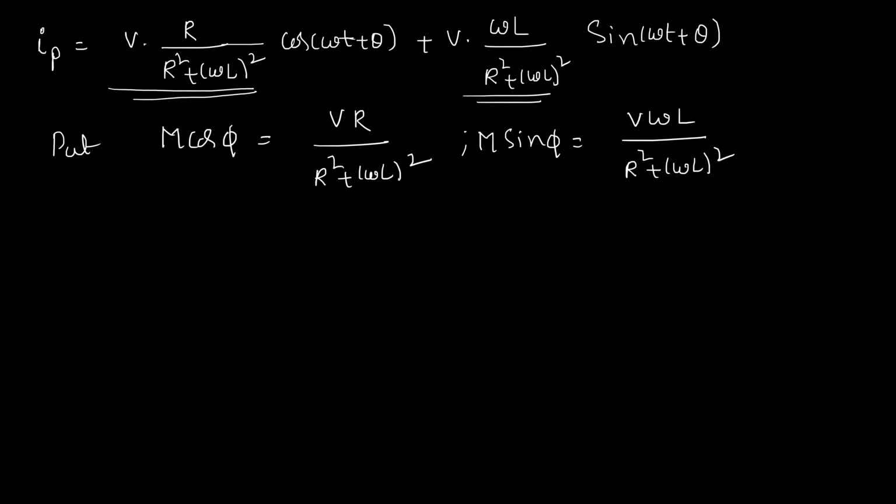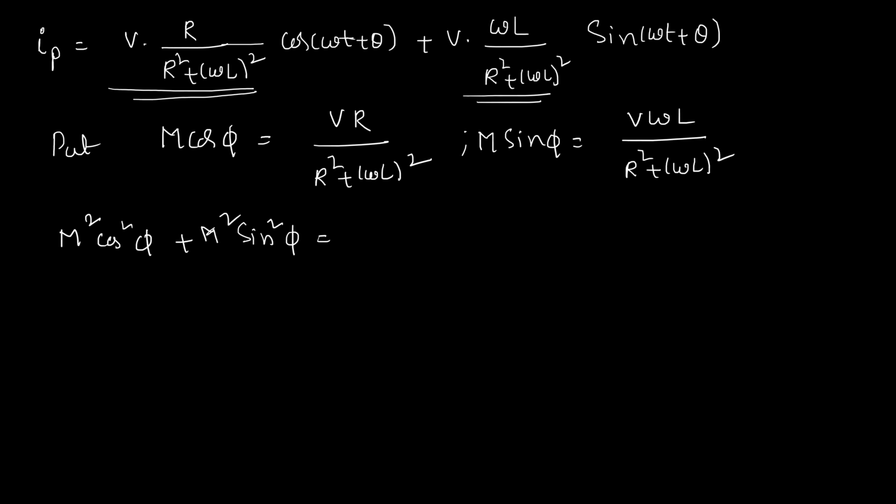We all know this very well. So cos phi is there, sin phi is there. How do we get m? Simply by squaring both equations and adding, we'll get the magnitude m. So we do m square cos square phi plus m square sin square phi.